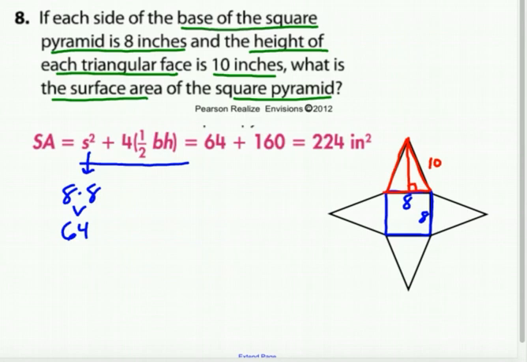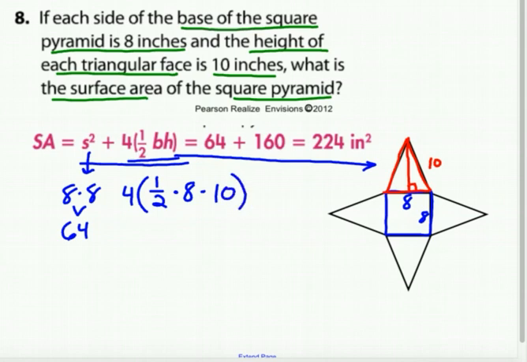Now we're going to find the area of one triangle. So we would use our formula, which is in parentheses 1/2 times the base of 8 and the height of 10, and we simply do our math now.